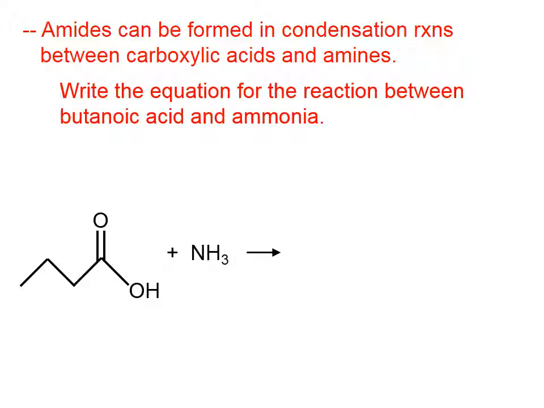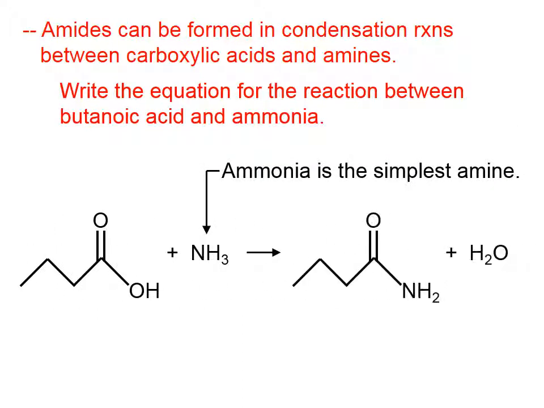And in a condensation reaction, something provides an OH and something provides an H. I wonder who's going to offer up whom. Since ammonia doesn't have any OH, I think ammonia is going to offer the H, and the butanoic acid is going to offer up the OH. Then what's left joins.